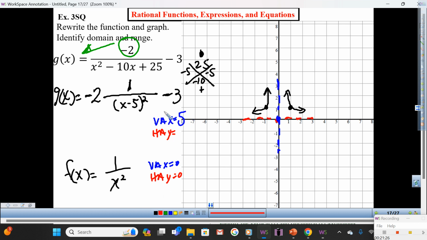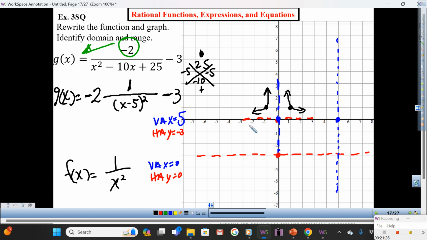And the y? Negative 3. All right, so negative 3 down here, and x equals 5 over here. All right, so far so good.